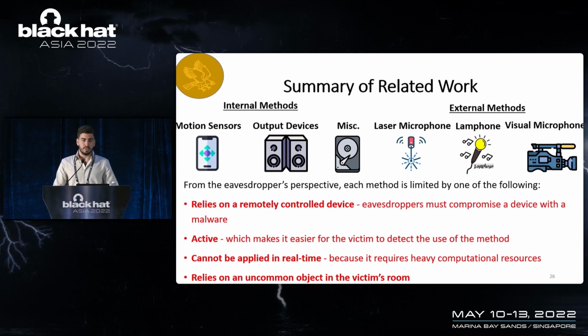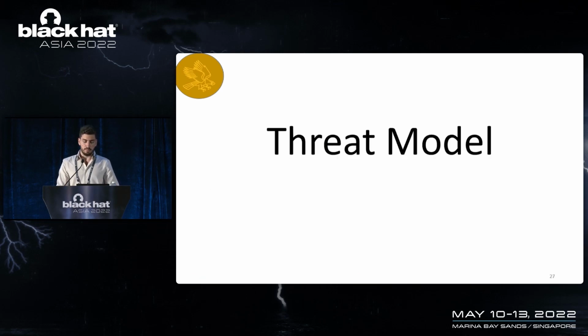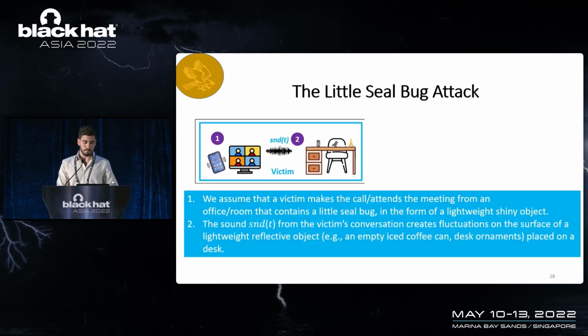Some of them cannot be applied in real time, which makes it much harder to recover the sound after obtaining the data. And some of them rely on an uncommon object in the victim's room. So that's it with the related work, and let's move to the Little Seal Bug threat model.